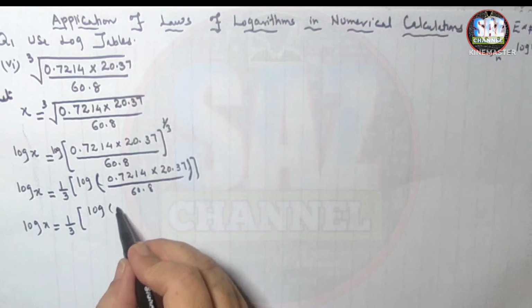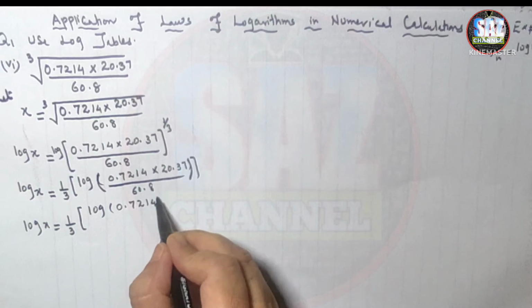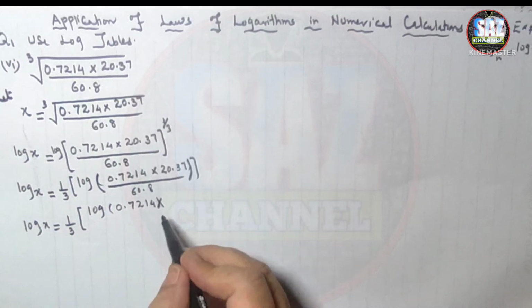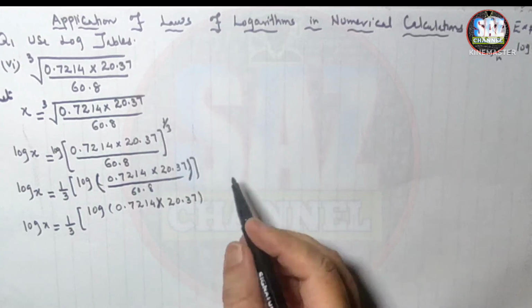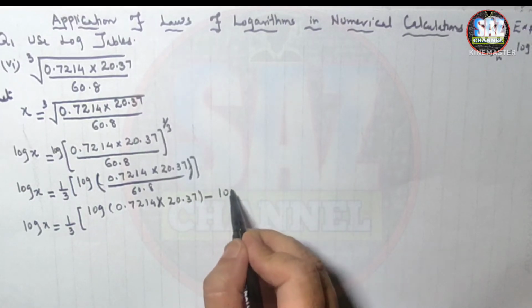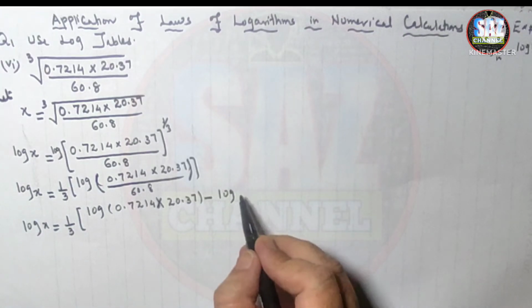So according to that, this will become log of 0.7214 multiplied by 20.37 and minus log of n, which is 60.8, log of 60.8.